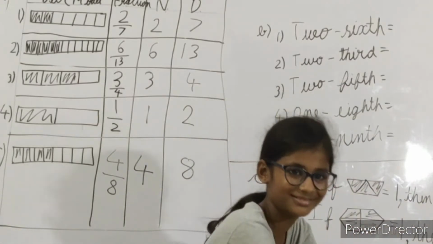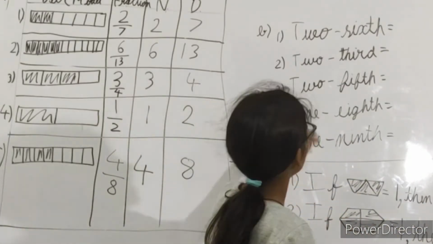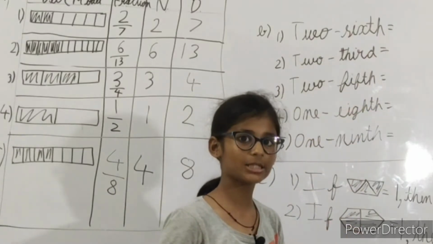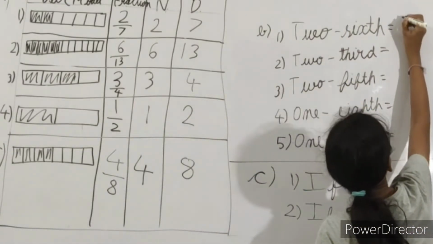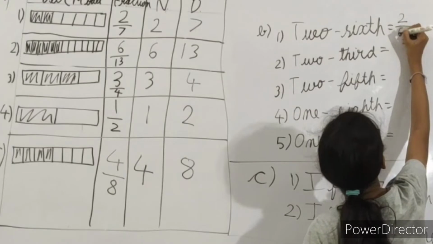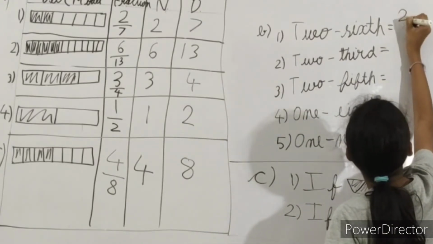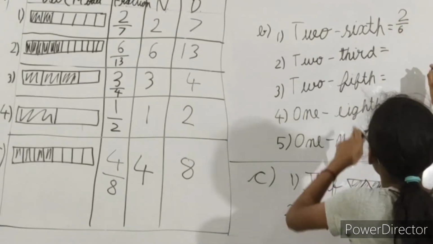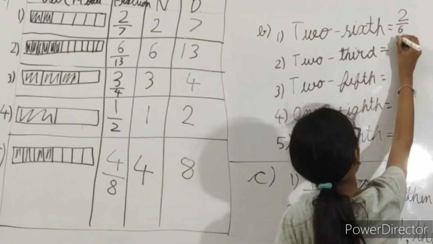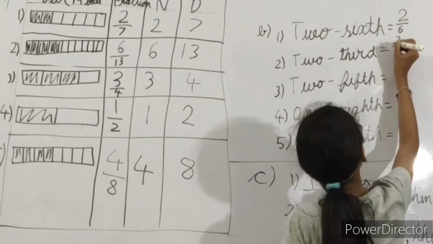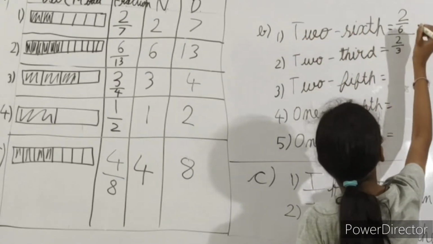Okay, so now see, 2/6 is 2 upon 6. 2/3 is 2 upon 3. I'm writing like this.